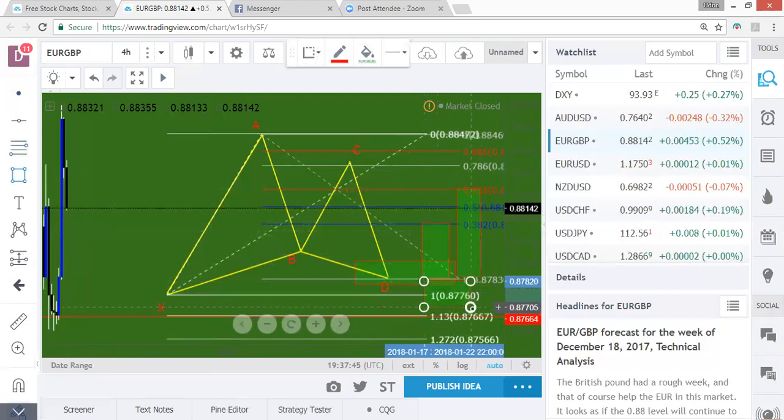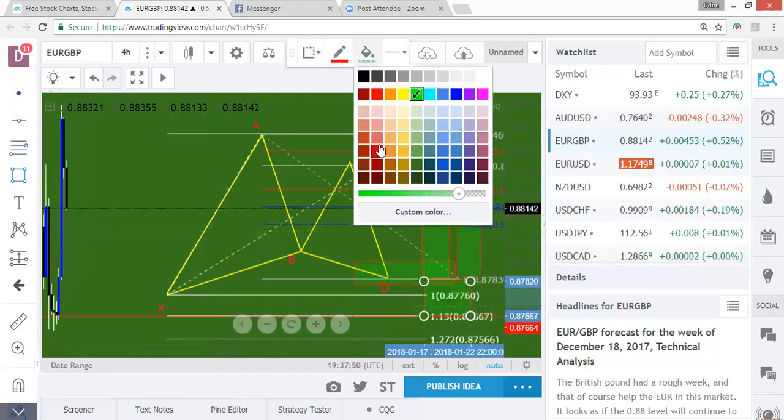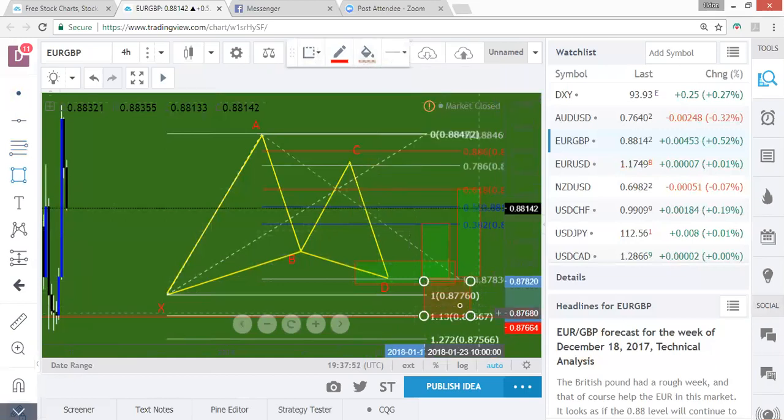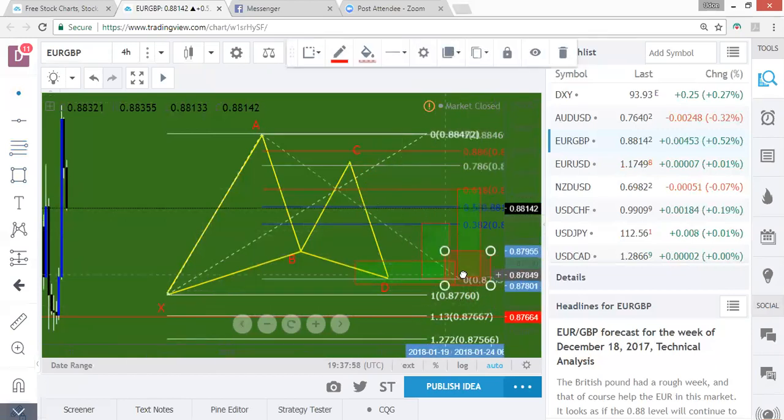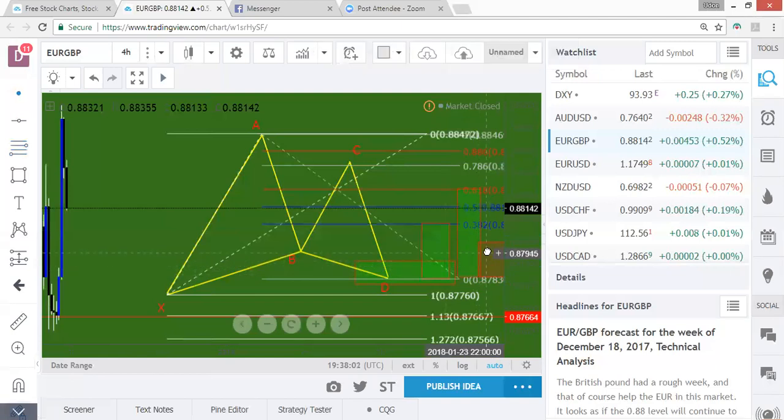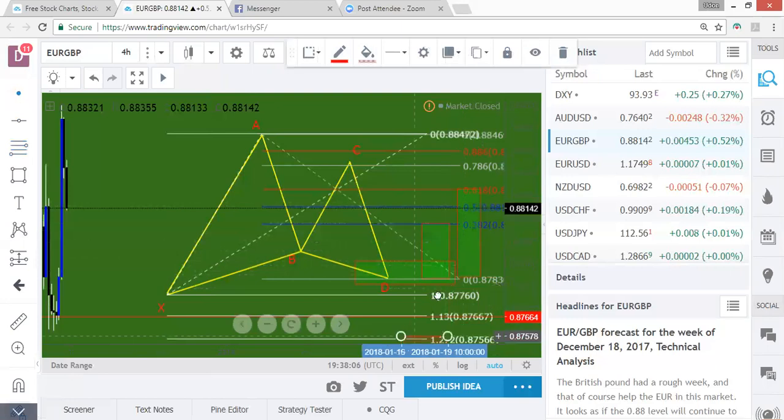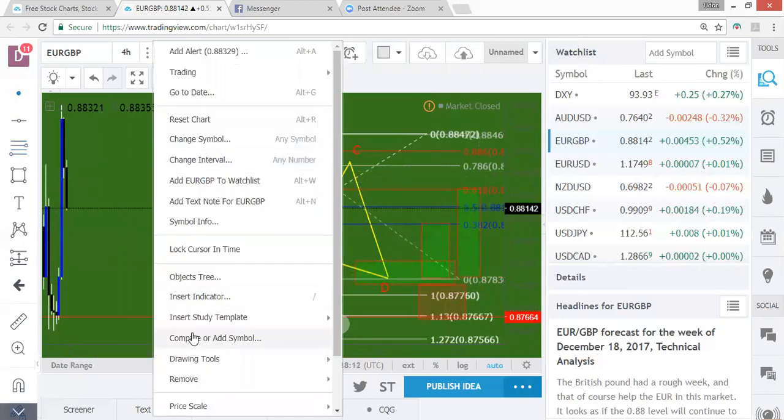Stops would have been right here. So you can get a picture of risk reward right there. It's a little bit more than 2 to 1. And that's the Gartley pattern. Any questions before we find one live?